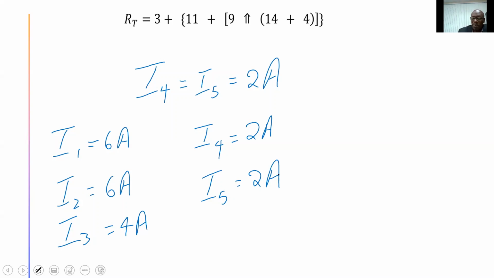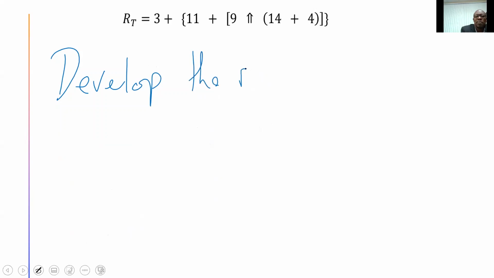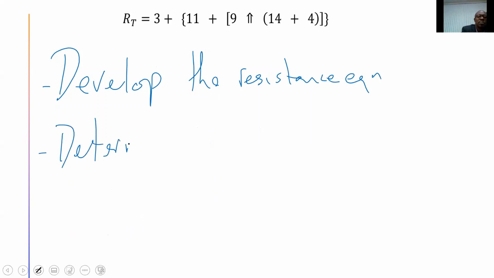So in summary, we would have to develop our equation. Secondly, we will determine the resistance at each point.